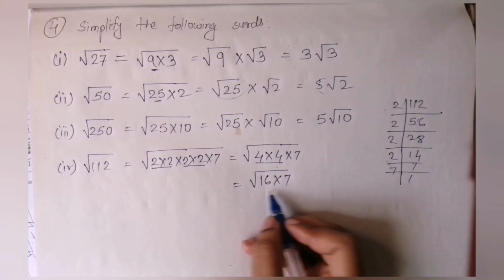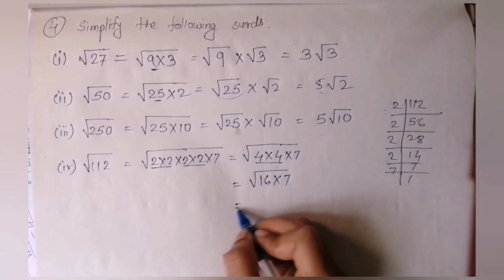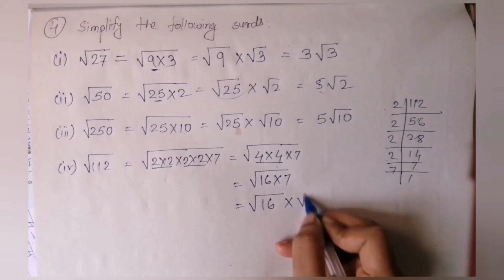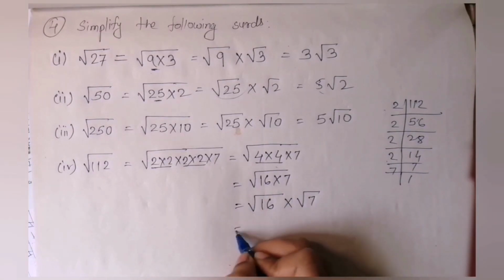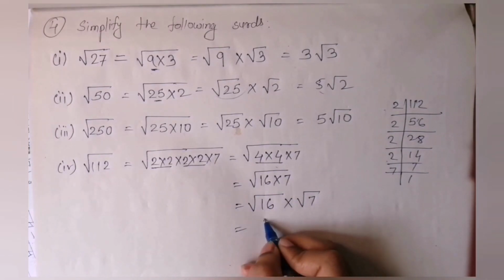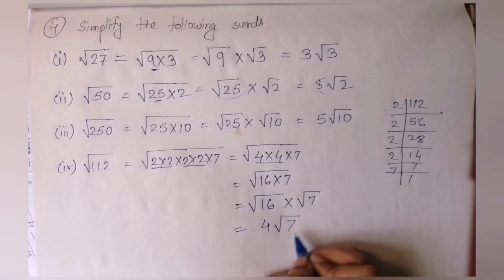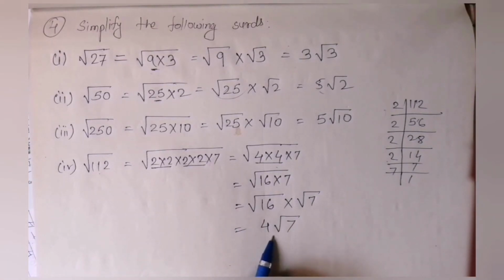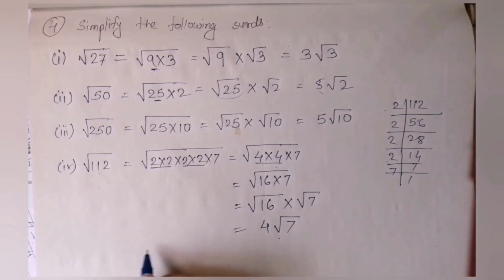So this is how to solve. After that, just split up square root of 16 multiply square root of 7, right? So square root of 16 is 4 and this is 7. So under root of 112 we will get 4 root of 7, right? Is it easy? Yes.